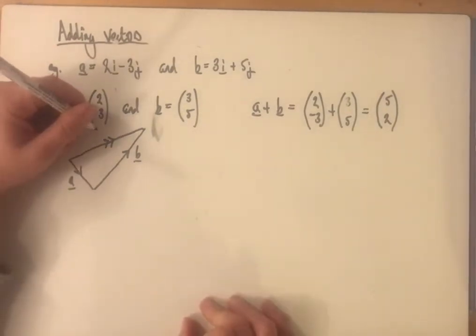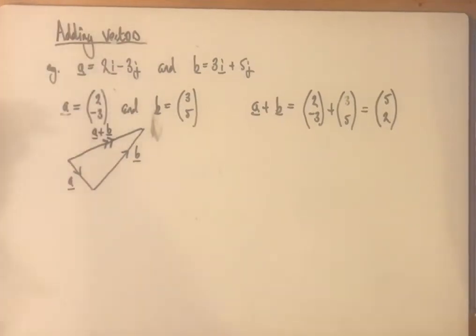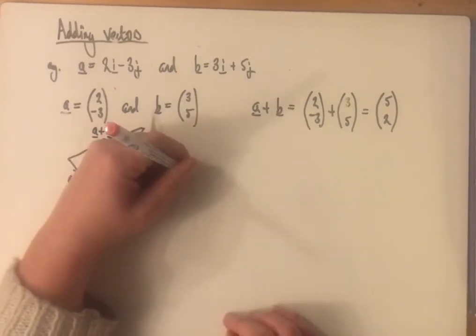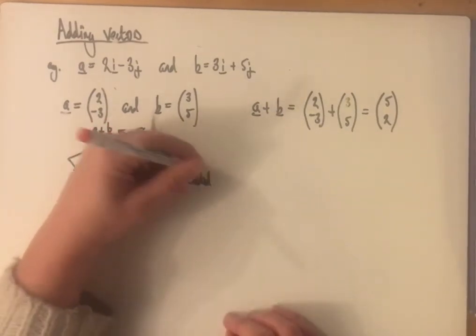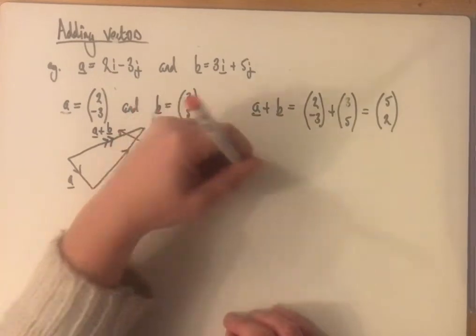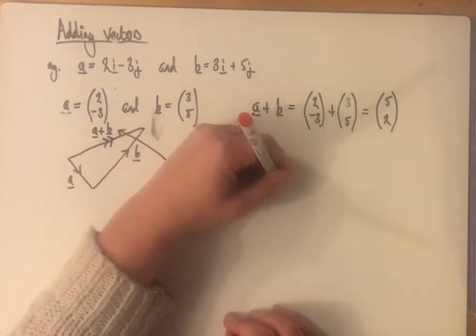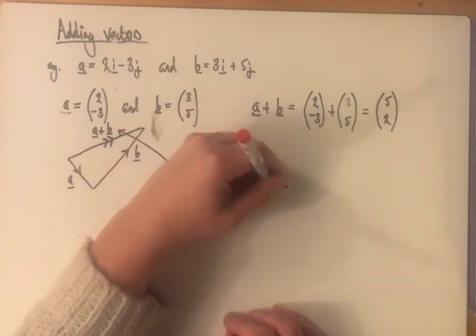So this vector here is A plus B. And this is called the resultant. So it's the result of doing A plus B. So you'll see that word used a bit.